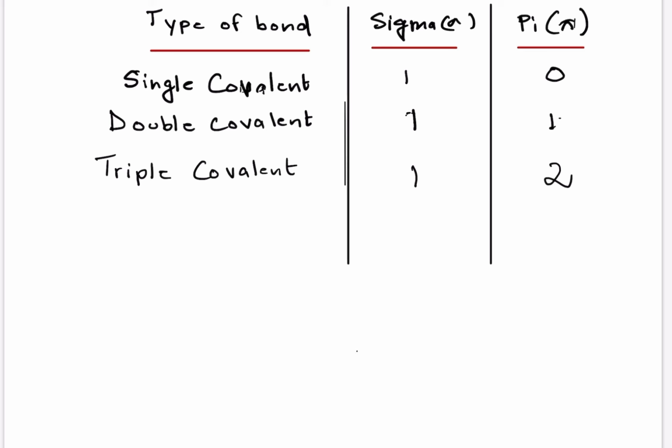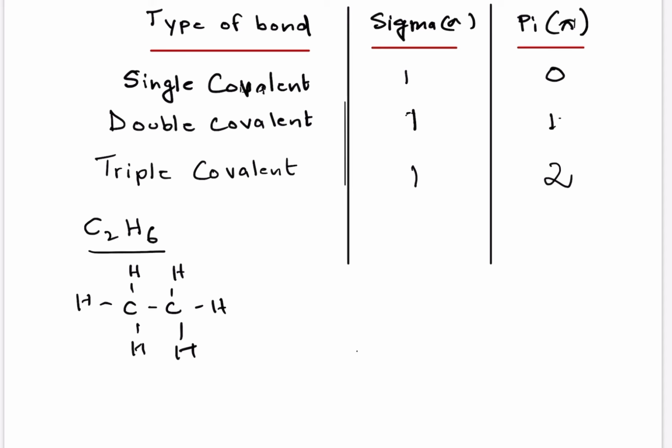So let's talk about C2H6, that is alkane. If you look at alkane, we put 2 carbons over there and hydrogens.